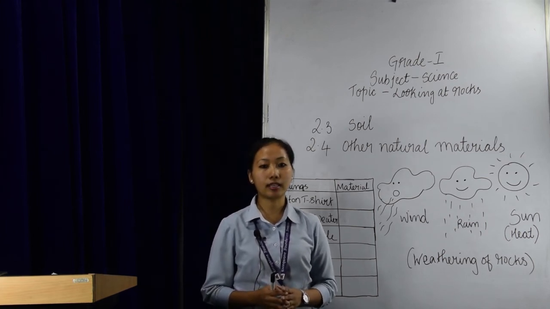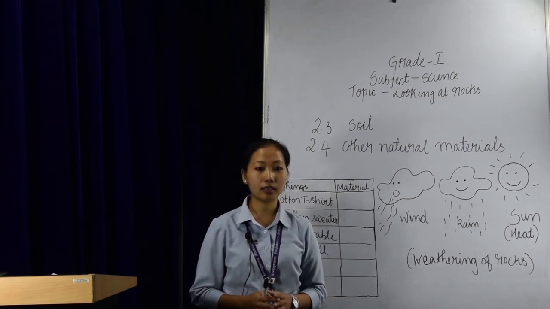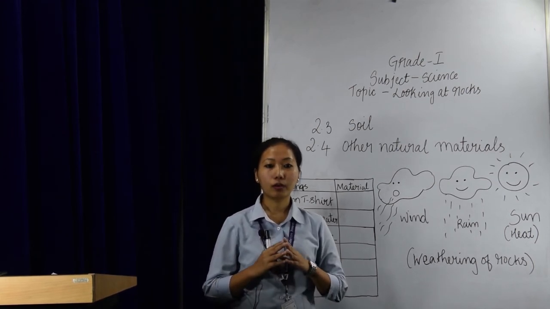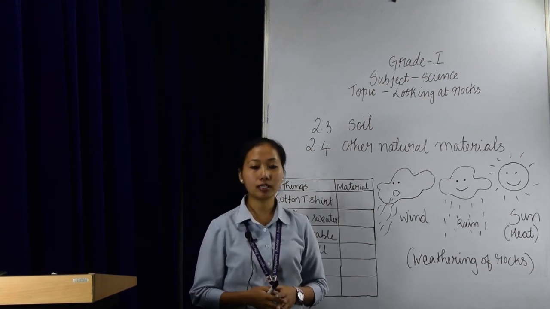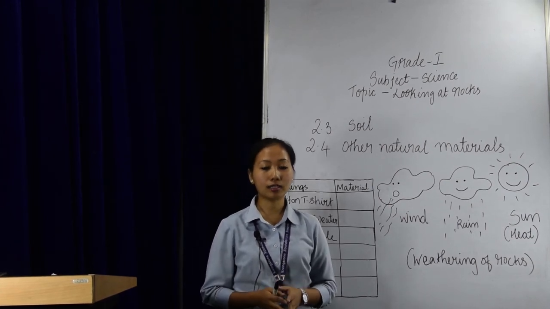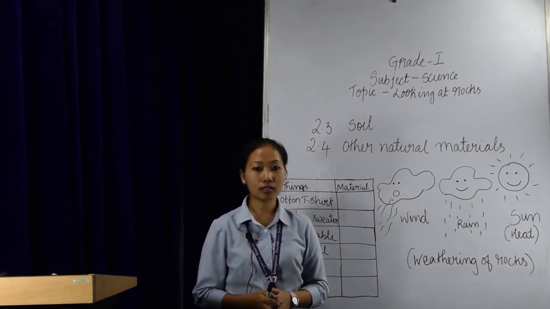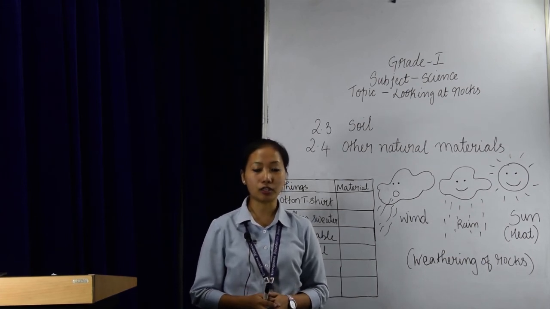Some materials that come from nature are plants, animals, wool, wood, birds, human beings, air, water, soil, rocks. These are all natural materials that come from nature.